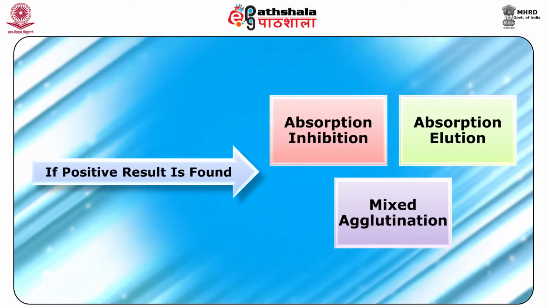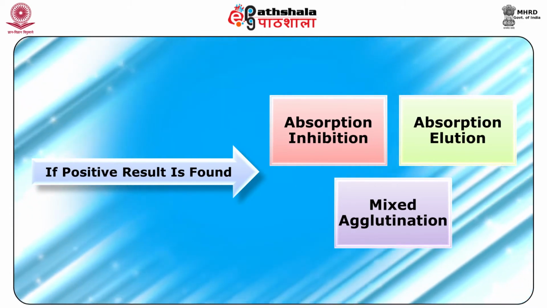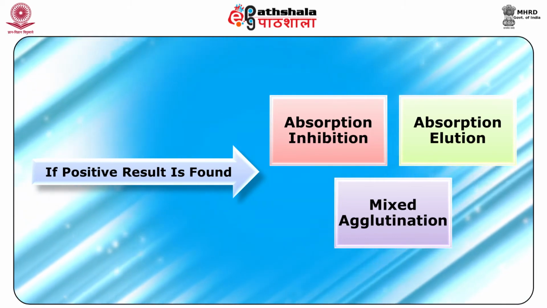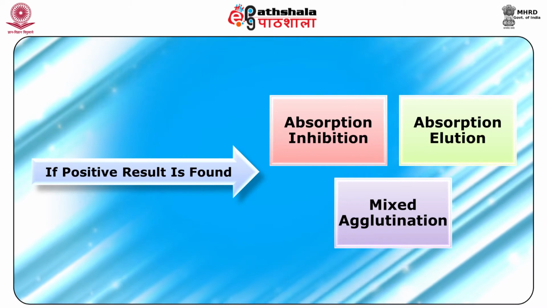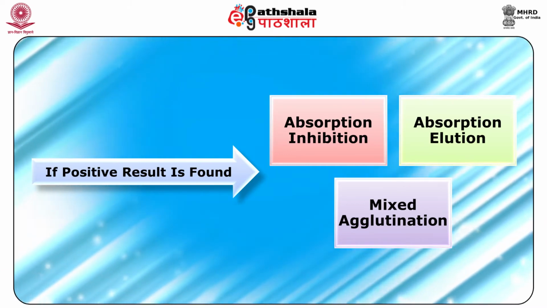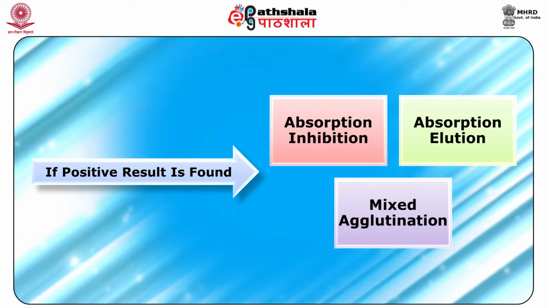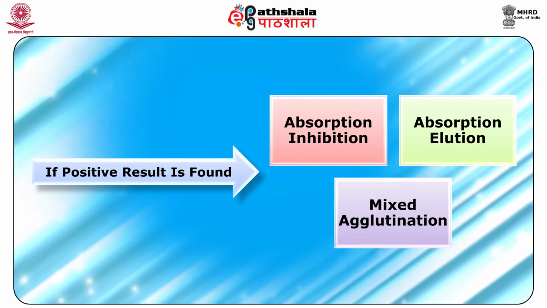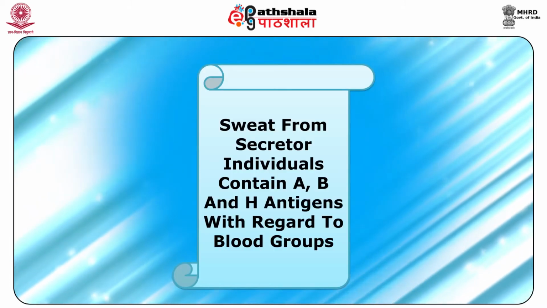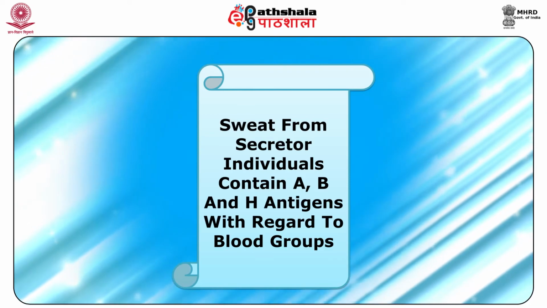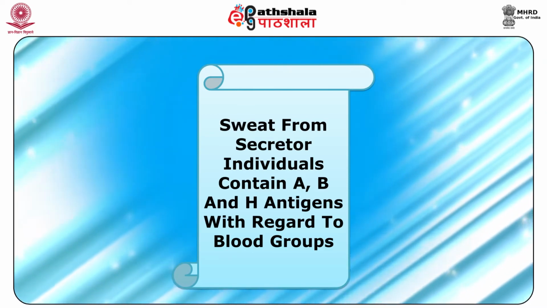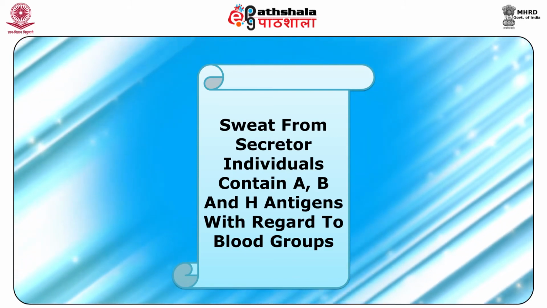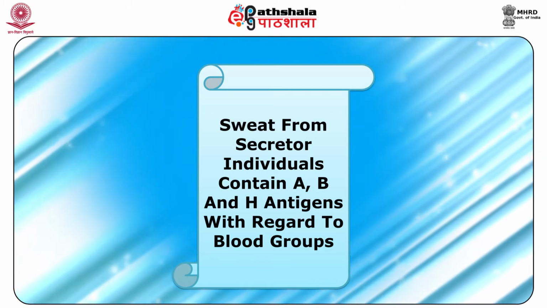If the result is positive, they are subjected to absorption inhibition, absorption elution, or mixed agglutination tests for identification of blood grouping antigens in them. Sweat from secretor individuals will contain A, B, and H antigens with regard to their blood groups respectively.